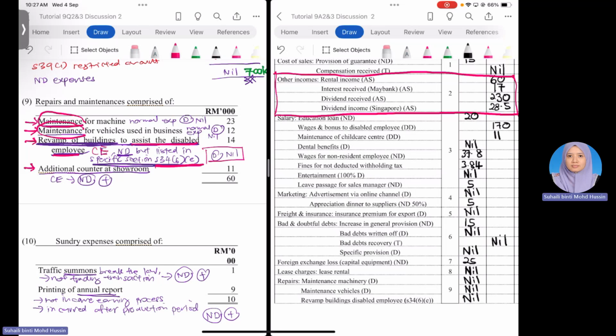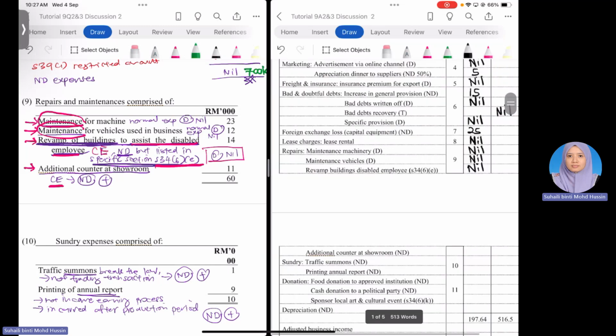Right, and then the next item is the additional counter at the showroom, 11,000 ringgit. This is obviously capital expenditure, 11,000 ringgit. So of course this amount is totally not allowed for deduction. You already deducted 11,000 ringgit in SOCI, but for taxation this amount is not allowed for deduction.